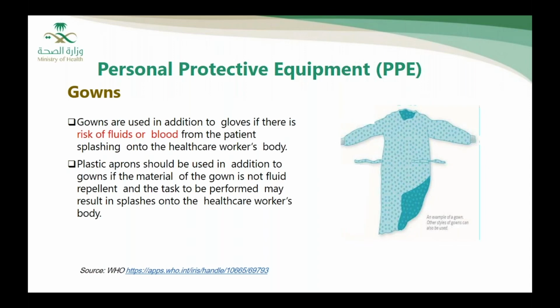So sometimes you are doing an invasive procedure, or suctioning, and body fluid may come to the healthcare worker. The gown is not protective, that's why we use a plastic apron.